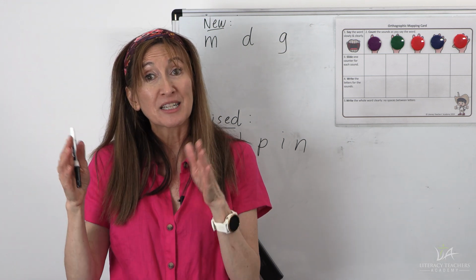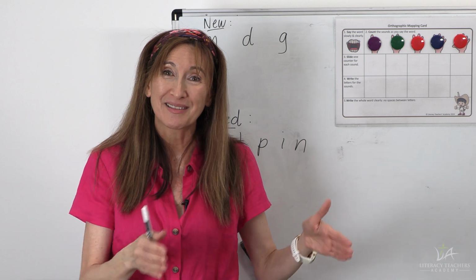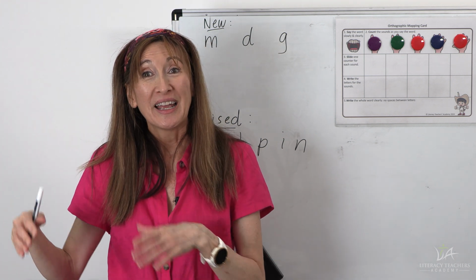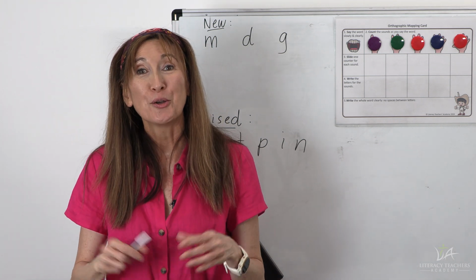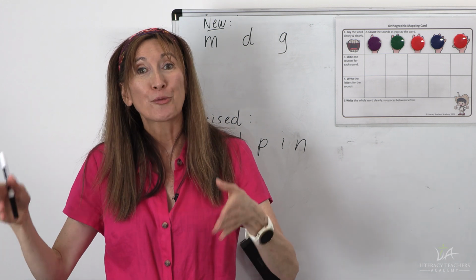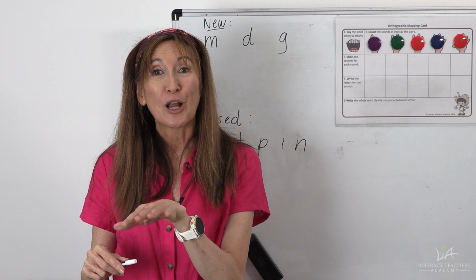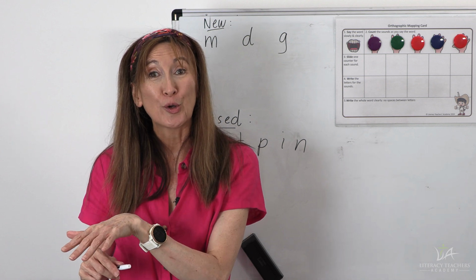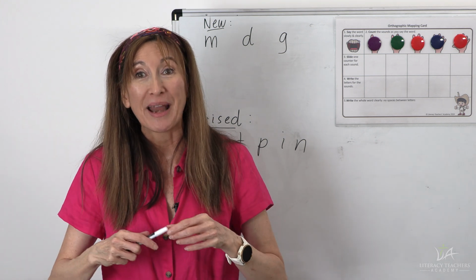It's easier to map 3 sounds in order than it is to map 4 sounds in order. And you might even help them to do 5 sounds in order. So you start with the shorter one and then increase to the longer one. It's better to start with a word like mat and then do a word like maps than to do them the other way around.